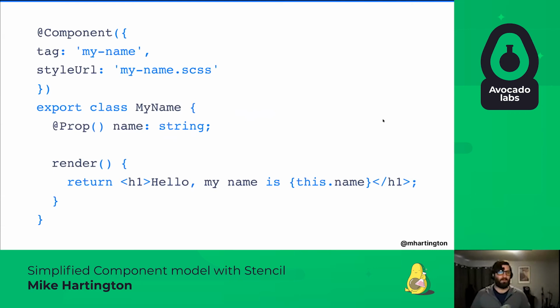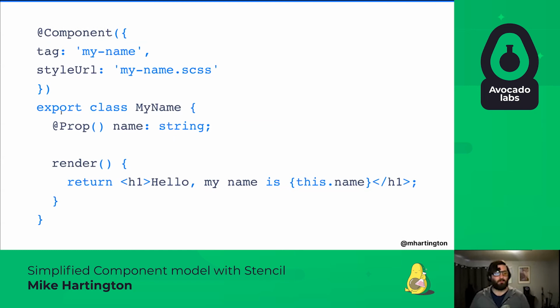So here we just have our component, where inside of this component, we have a tag of my-name and then a link to some styles. So this should feel pretty familiar for the Angular folks. We just have a way to use the component decorator, the tag name, and style URL.